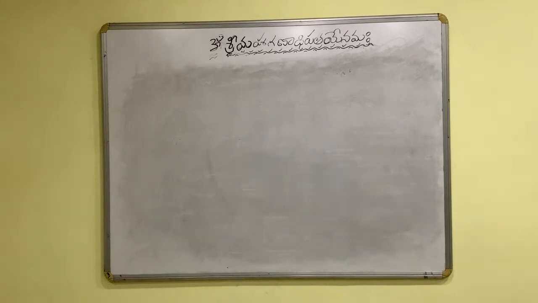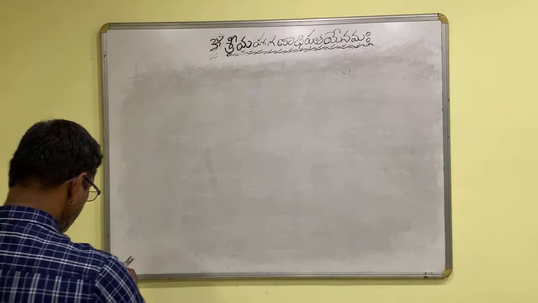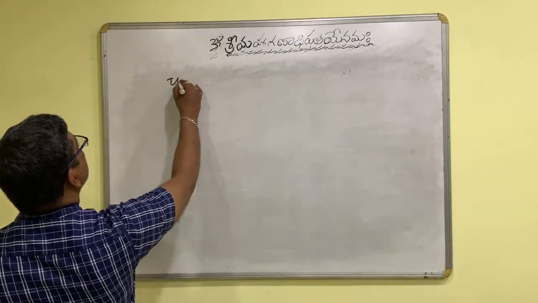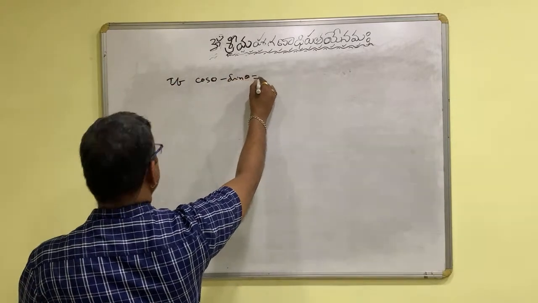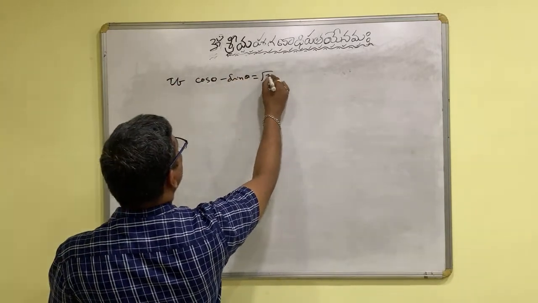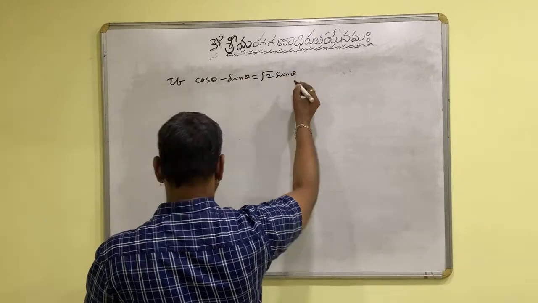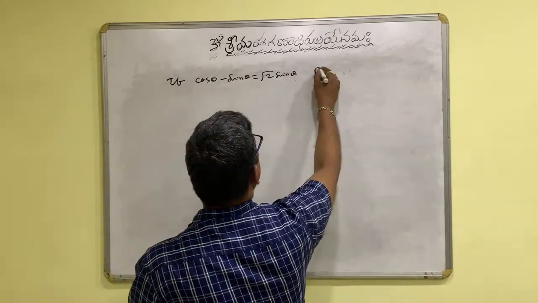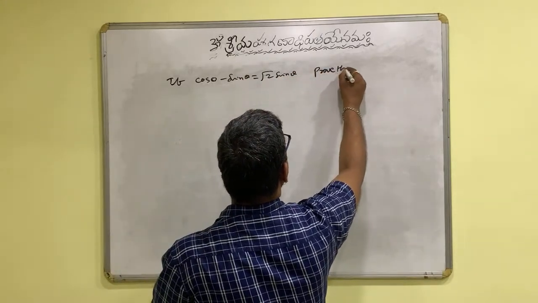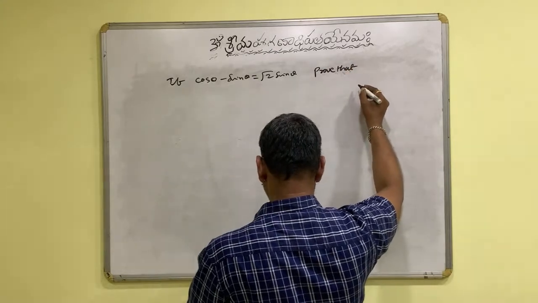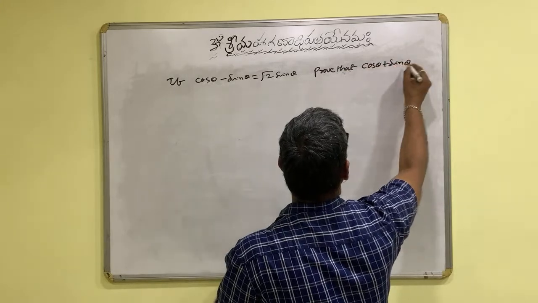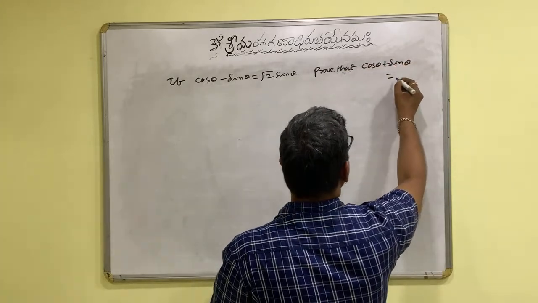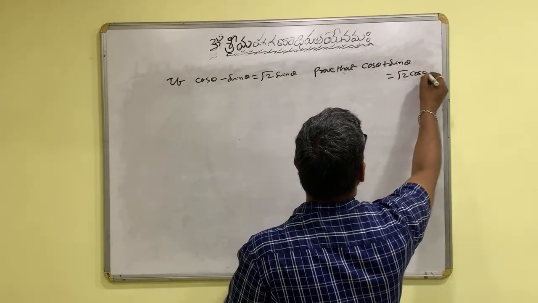Next question. See here. If cos theta minus sin theta is equal to root 2 sin theta, prove that cos theta plus sin theta is equal to root 2 cos theta.